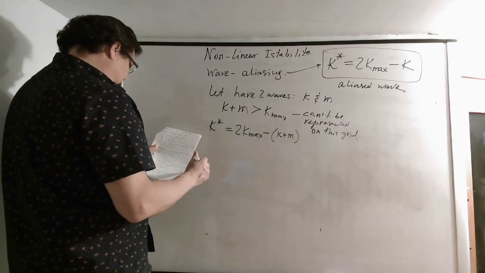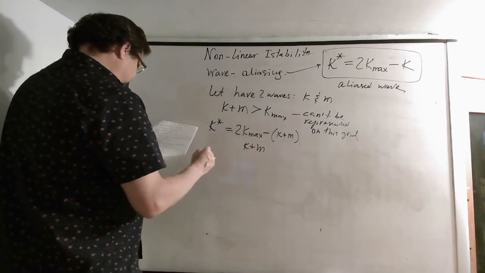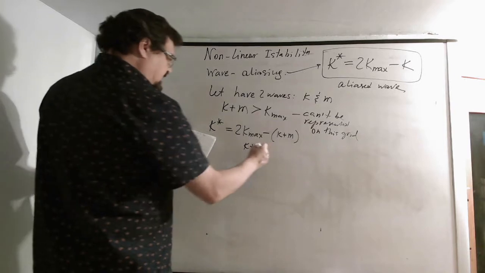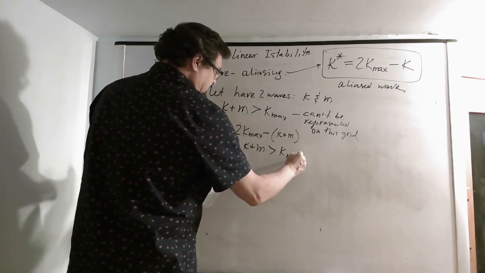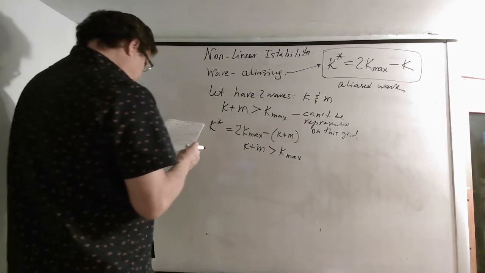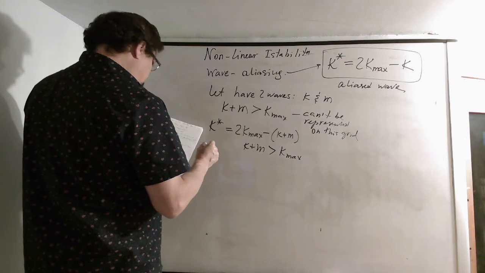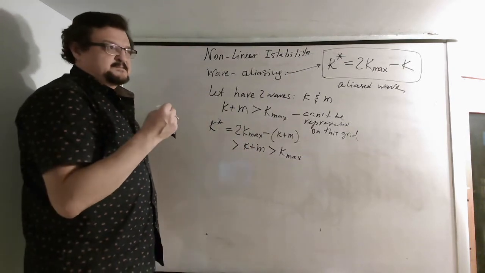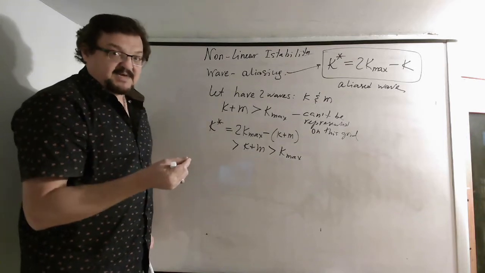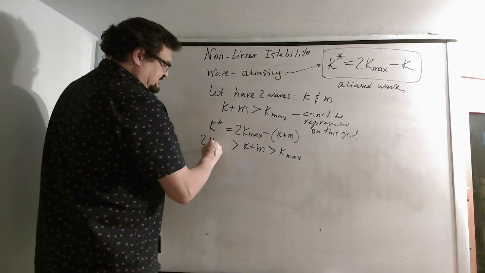So k plus m, in our case, is greater than k max. But obviously, because each of k and m is smaller than k max, it means that k plus m is smaller than 2k max.